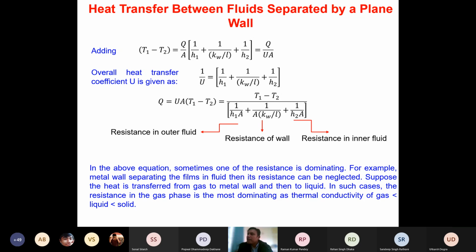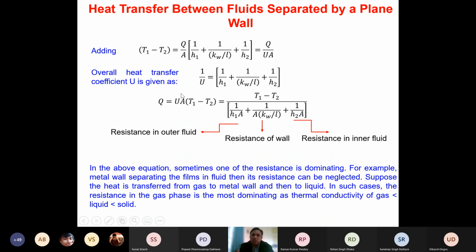When we assume that both fluids are separated by a plane wall, we get this type of equation: Q is given as U A delta T, where 1 by U is given as 1 upon h1 plus 1 upon Kw by L plus 1 upon h2.